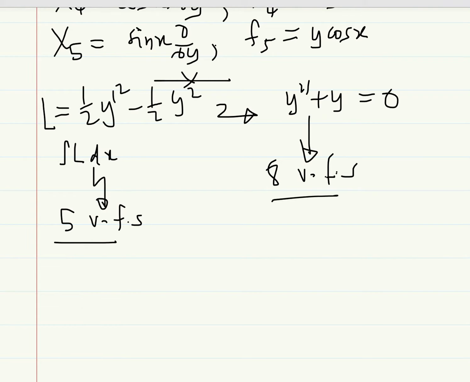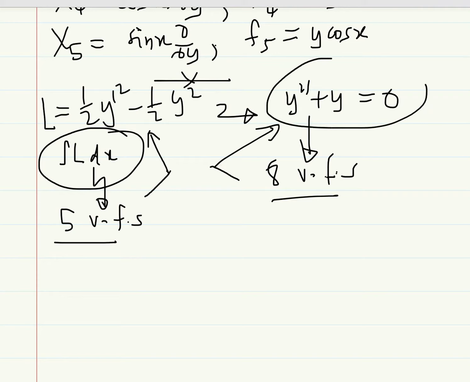Certainly there's a relationship between the Lagrangian of an equation, or rather the symmetries, the vector fields that come from the Lagrangian of the equation, and the vector fields that are related to the differential equation. And this is a theorem that says that the vector fields that leave invariant your integral always form a subalgebra of the vector fields that leave invariant the corresponding Euler-Lagrange differential equation.